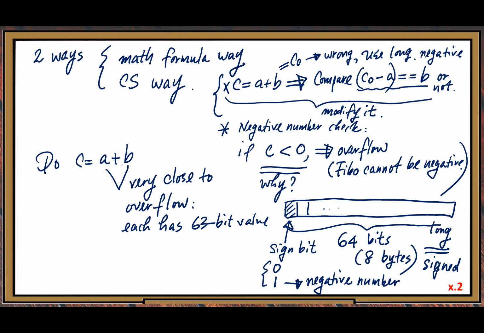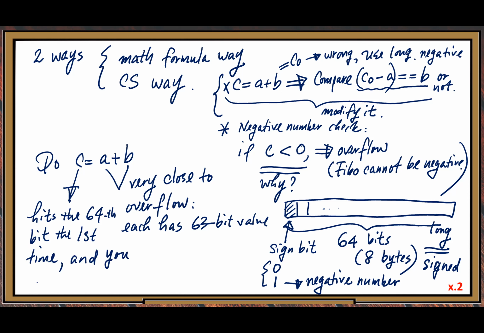Now you add them up, you get a C, so this C hits the 64th bit the first time, and you detect it.